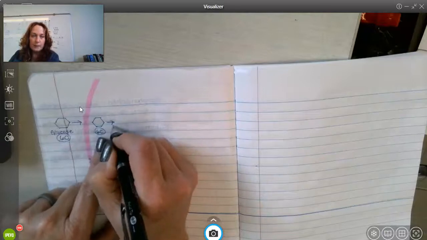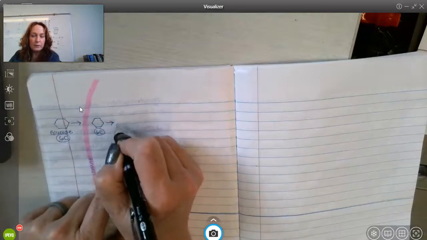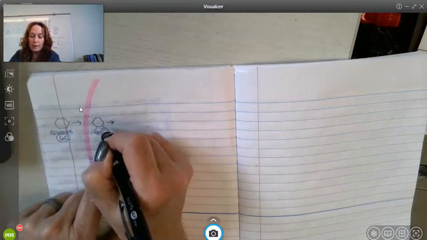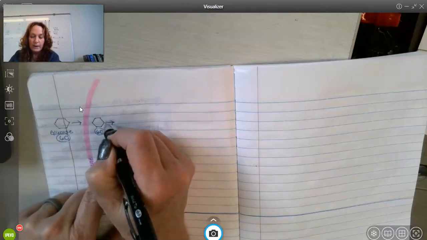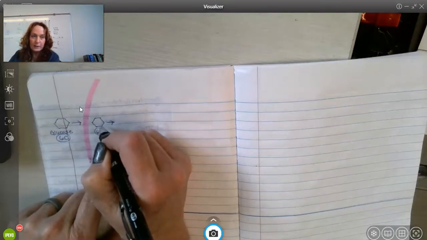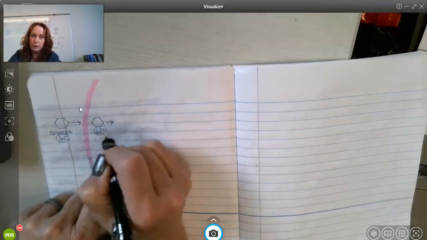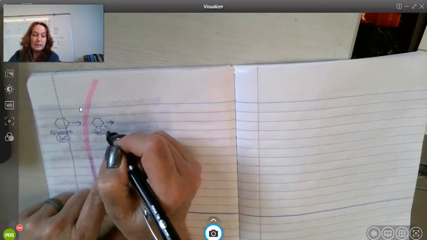glucose is going to be substrate level phosphorylated twice, which means we're going to add a phosphate group. Now glucose already has weak unstable bonds, and you just zapped it with the cattle prod, so it's going to have lots more instability.